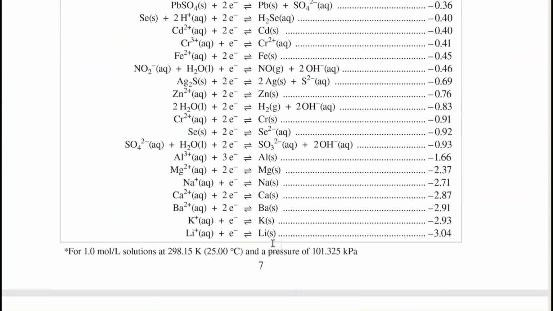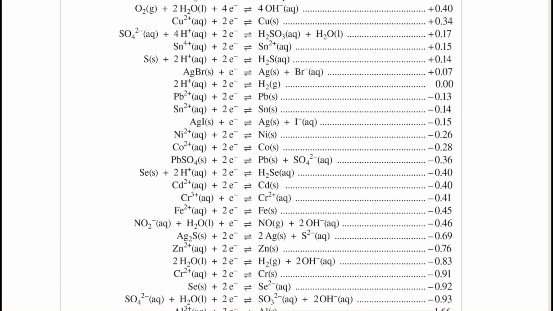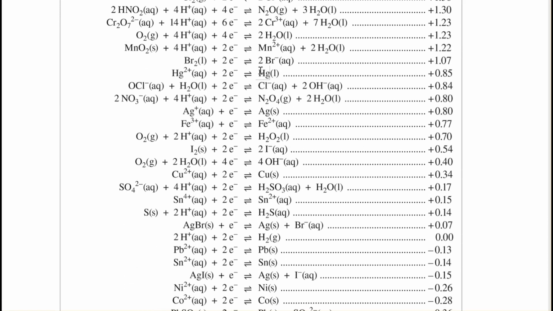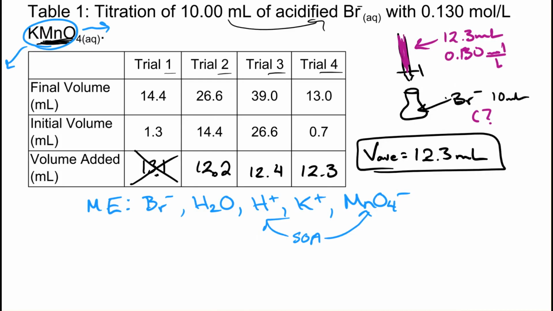It's going to be a while. No, no, no, no. Trust me. Yes. Bromide ions are our strongest reducing agent. It's not water. It's almost water, but it's not. It's bromide ions. So bromide ions are our strongest reducing agent.